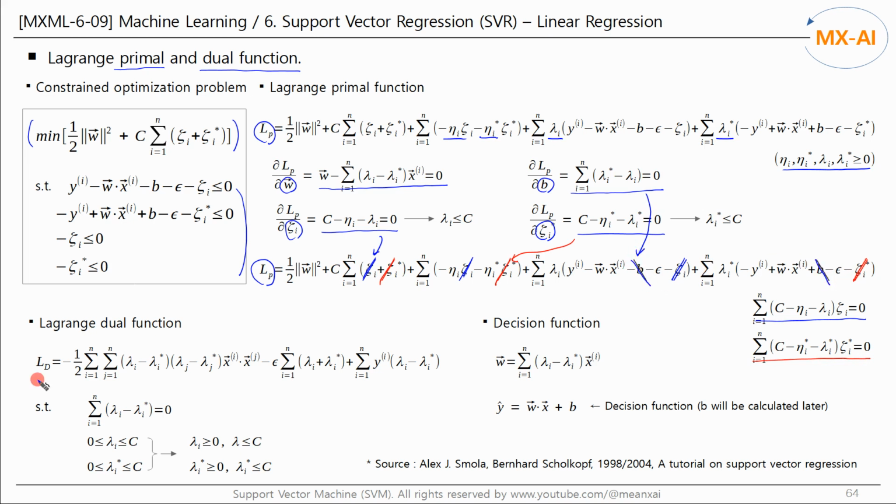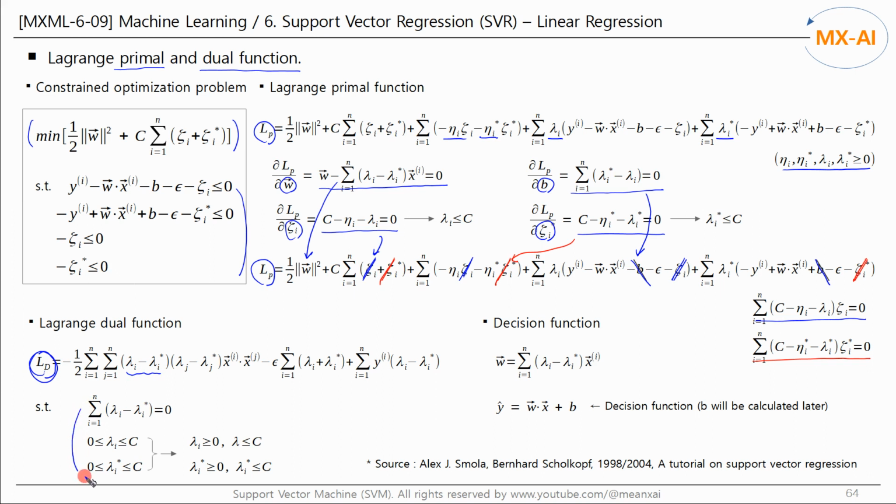Now we can create a dual function like this by replacing W in the primal function with this expression. The variables of the dual function are lambda and lambda star. And the constraints of the dual function are as follows.